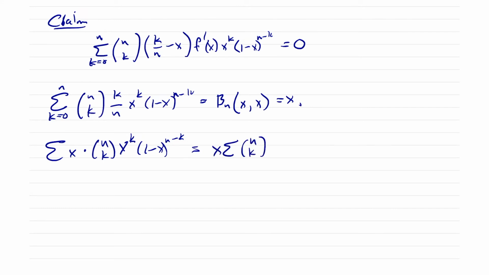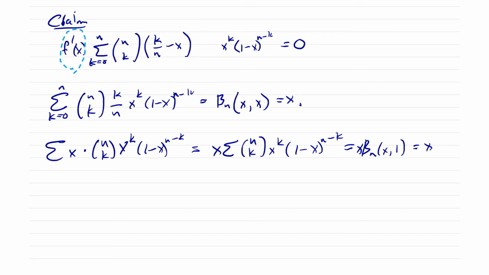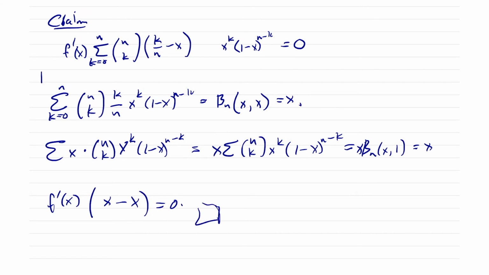We have n choose k x to the k, 1 minus x to the n minus k, and this is the Bernstein polynomial approximating 1, so Bn of x of 1 times x. So this just gives me x. And otherwise, this doesn't depend on n, so I can go ahead and factor it out. So here we end up getting f prime of x times x minus x, and so that's equal to 0. All right, so good. So proof.